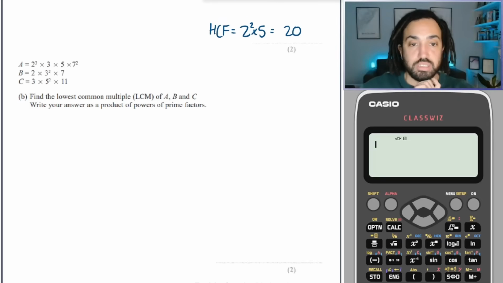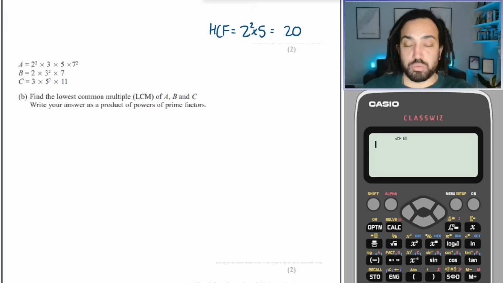Okay, great. Find the lowest common multiple of A, B, and C. Write your answer as a product of prime factors. Okay, so in order for us to find the lowest common multiple, it must have the highest power of any of the prime factors that are shared between any of the numbers.